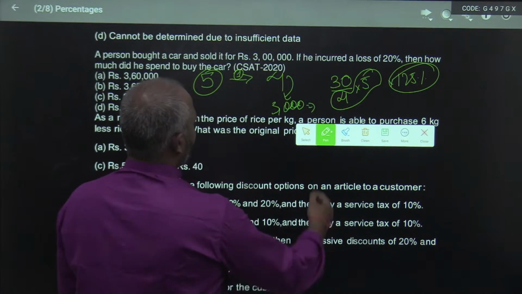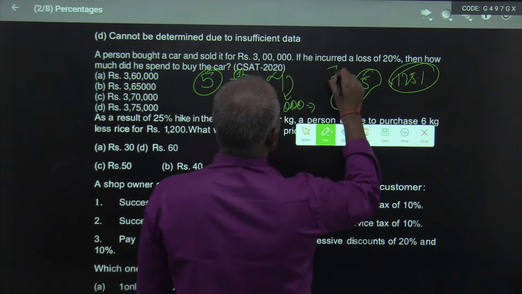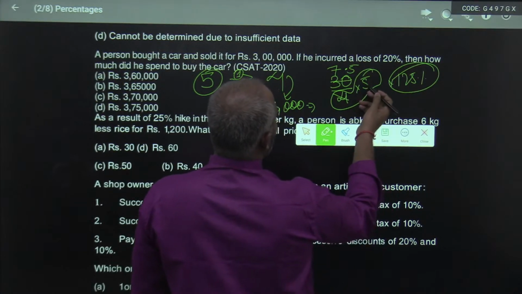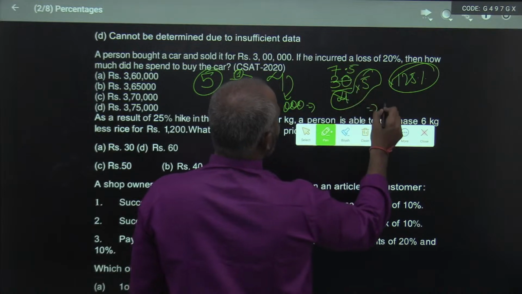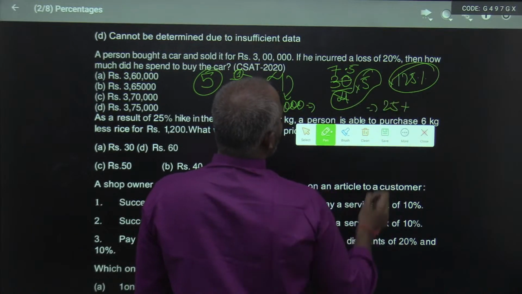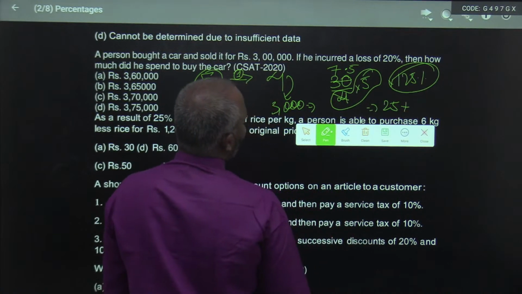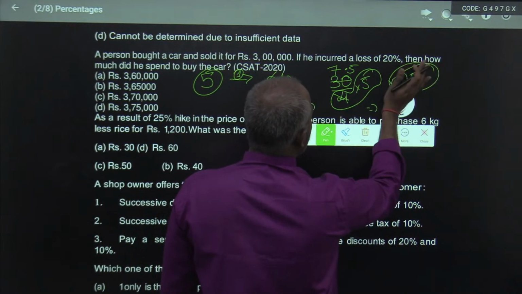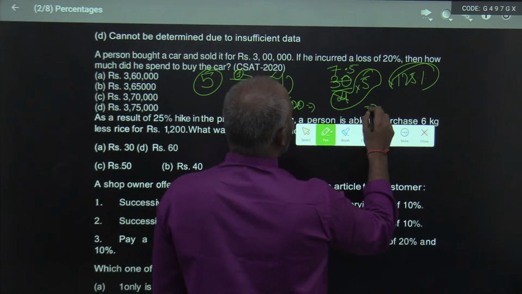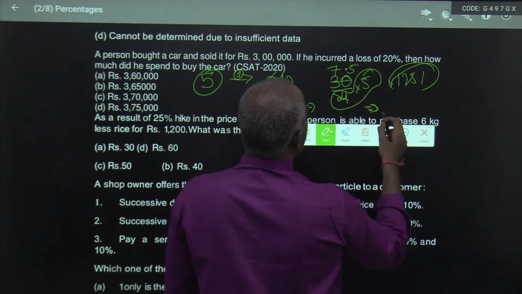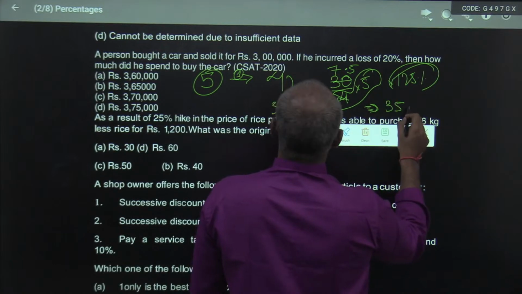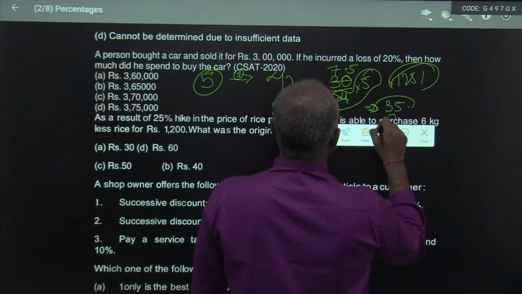Or you can even do this, 4 sevens are 28, 7.5 into 5. You see, 5 into 5 is 25, and half. This is not that complex, you can even go for calculation. 7 5s are 35, and 5 5s are 25.